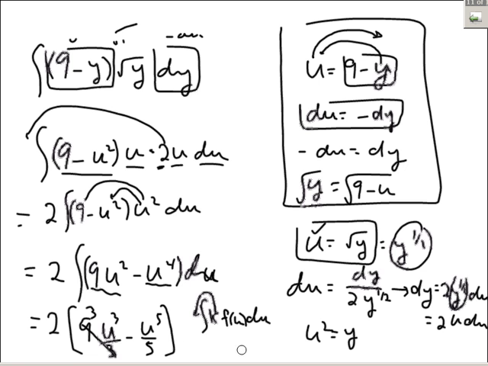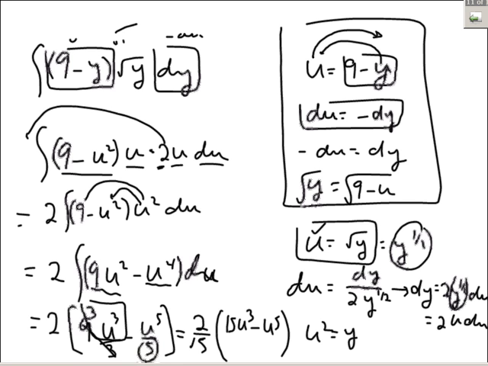Let's clean this up a little bit. If I get a common denominator of 5, so I already have 1 over 5, what I'll have left here, 3u cubed, I have to multiply by 5 on top and 5 on the bottom. So I get 15u cubed, the 5 on the bottom I factored out, minus u to the 5th, plus c.